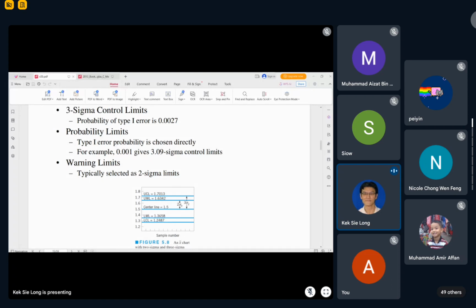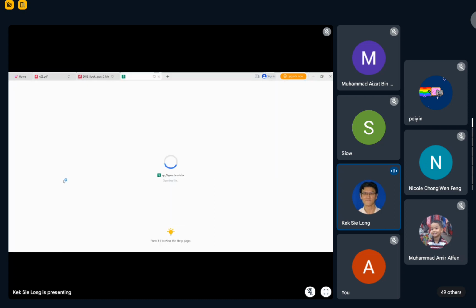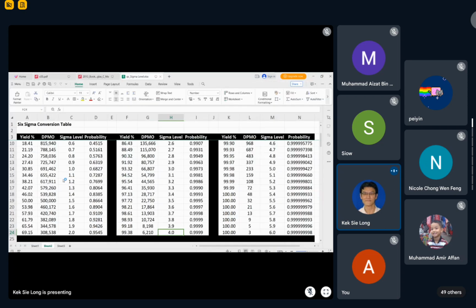The table I show you is the same as the statistical table provided during the final exam, so it should not be a problem if you are familiar with it.